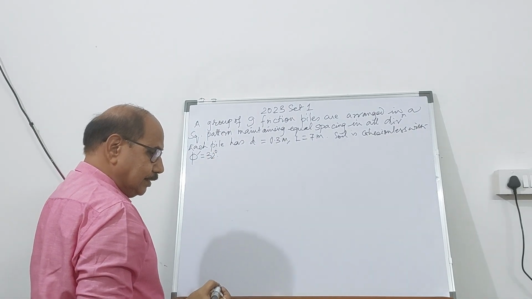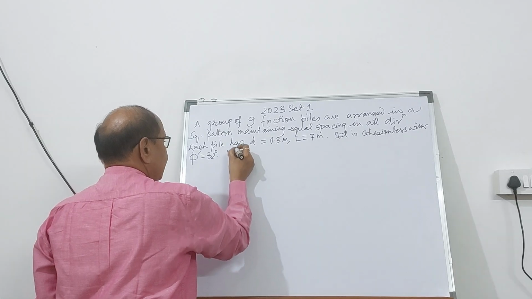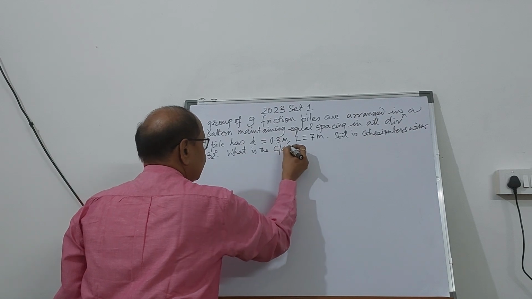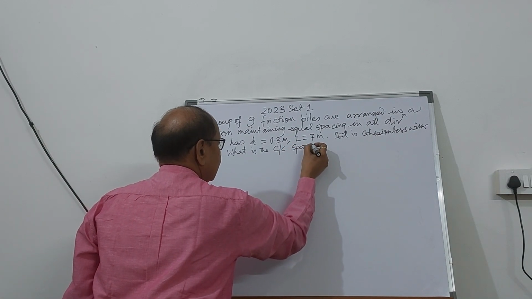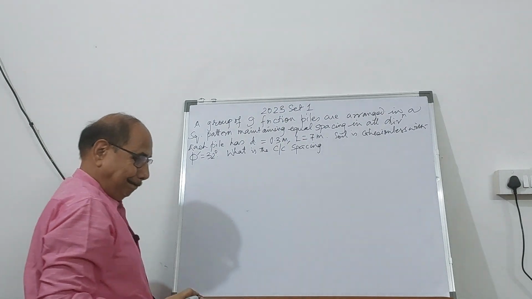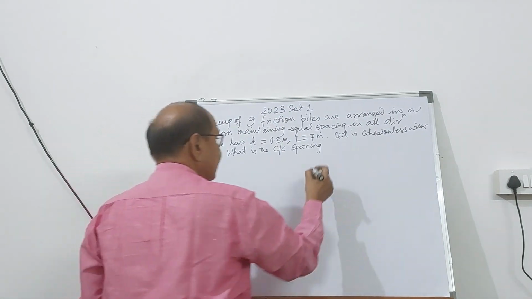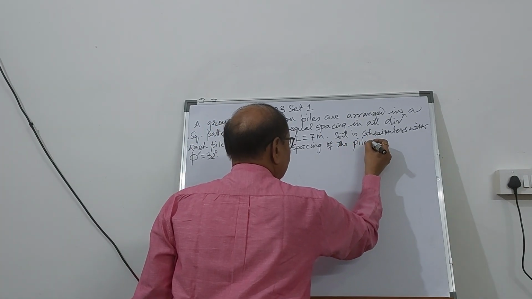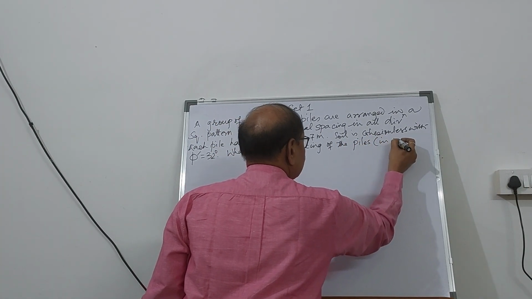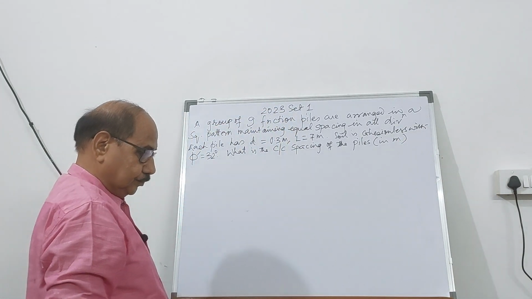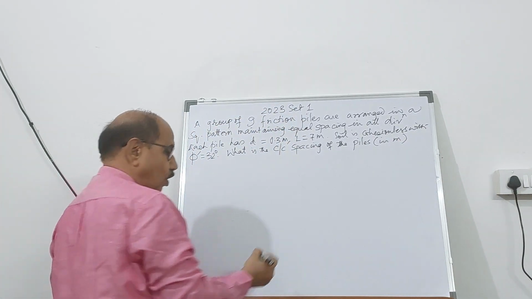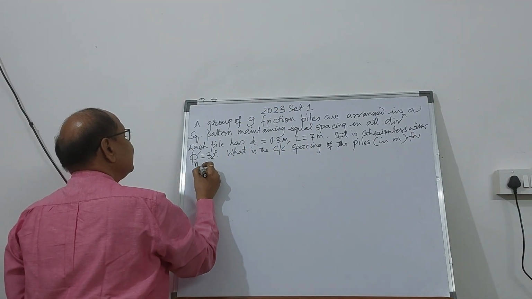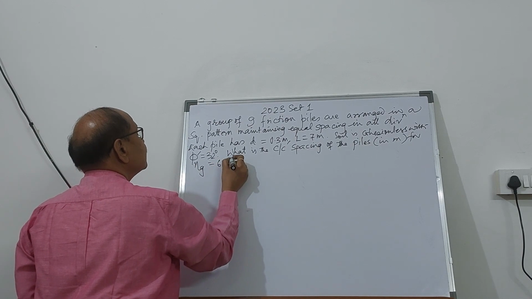What is the center to center spacing of the piles in meter for group efficiency factor eta G equal to 60%?